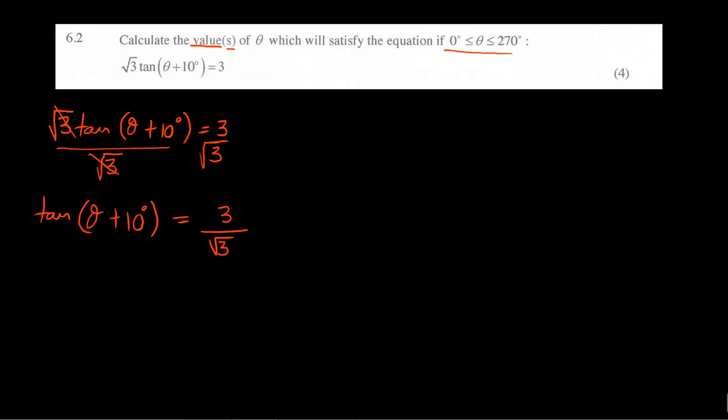The next thing that you have now is to say theta plus 10 degrees is equal to arctan of 3 over root 3, so that you can get an angle.